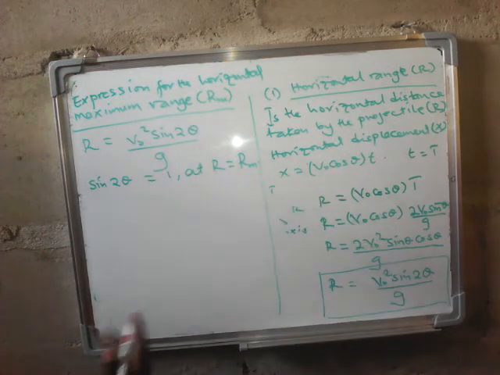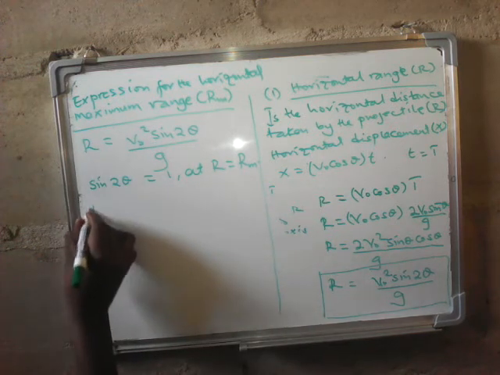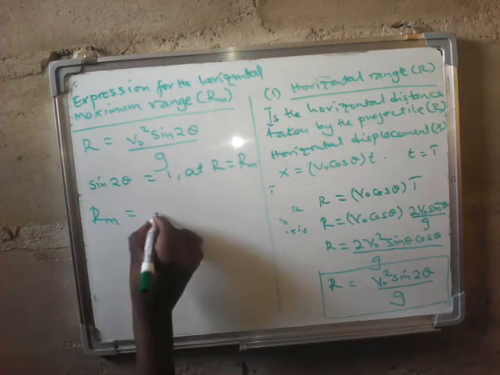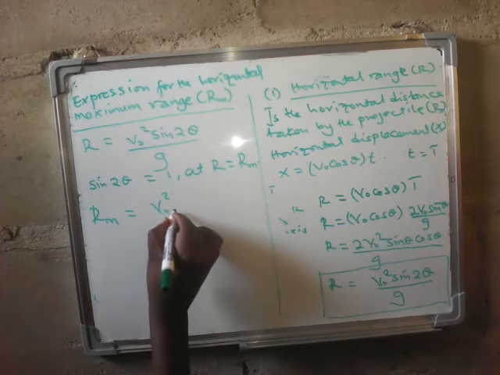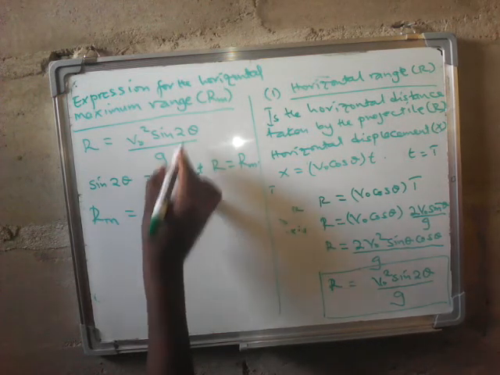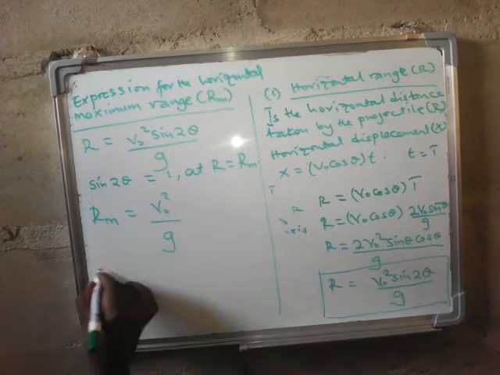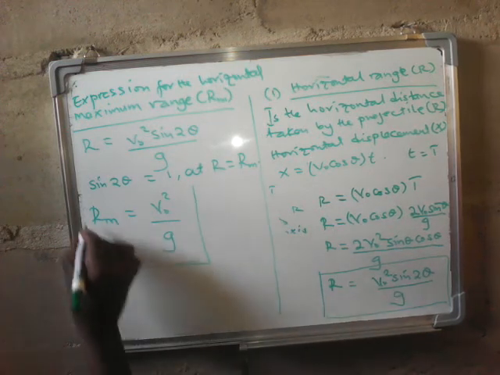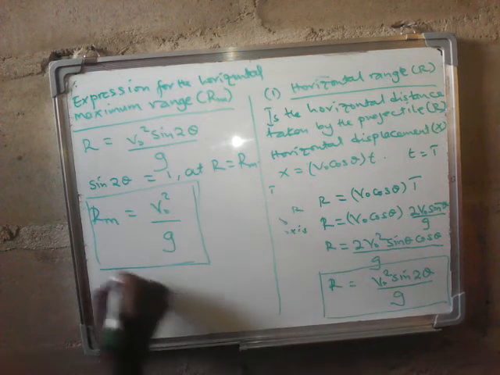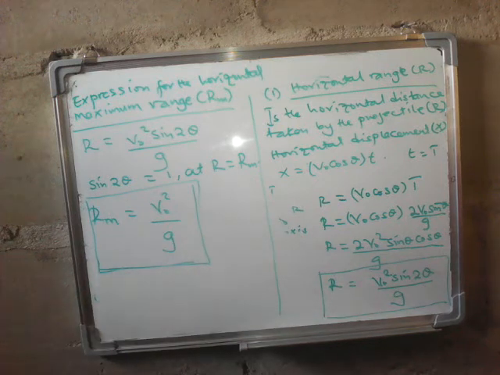So we substitute them there. R max is equal to v naught squared, times 1, divided by g. So that is the expression for the maximum range.